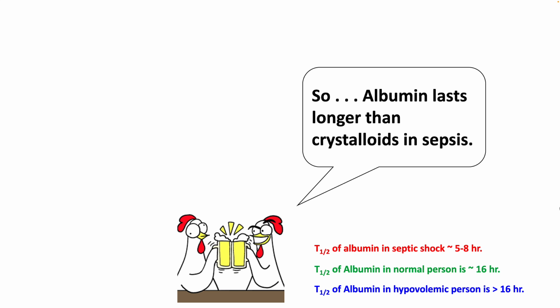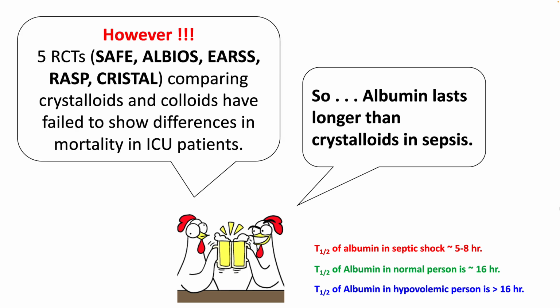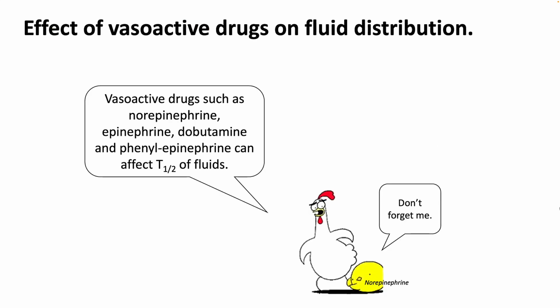In the previous lecture, we learned that the half-life of albumin in a normal person is about 16 hours and can be much longer in a hypovolemic patient. In septic shock, it is possibly much shorter, ranging between 5 to 8 hours. However, understand that despite albumin lasting longer in the intravascular compartment, multiple randomized controlled trials have not shown any benefit of colloids over crystalloid in affecting mortality in these patients.